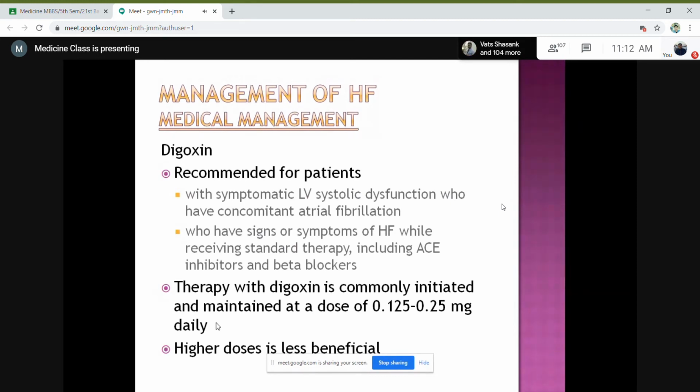Therapy with digoxin is commonly initiated and maintained at a dose of 0.125 to 0.25 mg daily, and we are not using higher doses. Okay, so these are less beneficial.